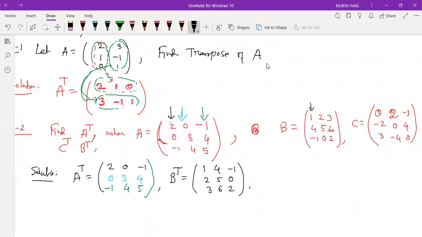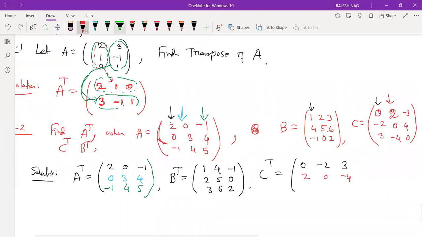Okay. Now CT. Again, if you go for column replaced by row like this: minus 2 3, then this 2 0 minus 4. Okay, then this minus 3 4 0.